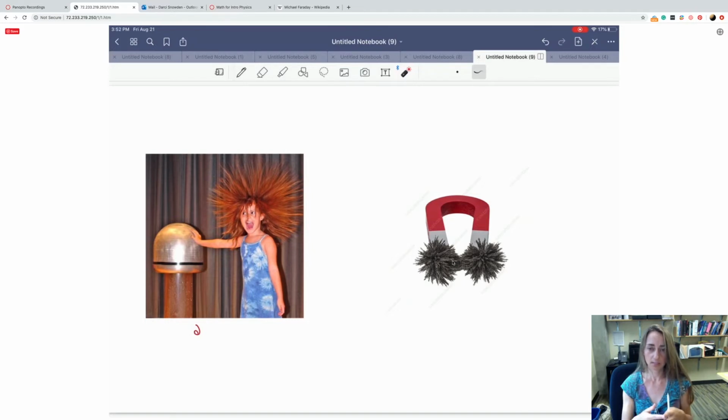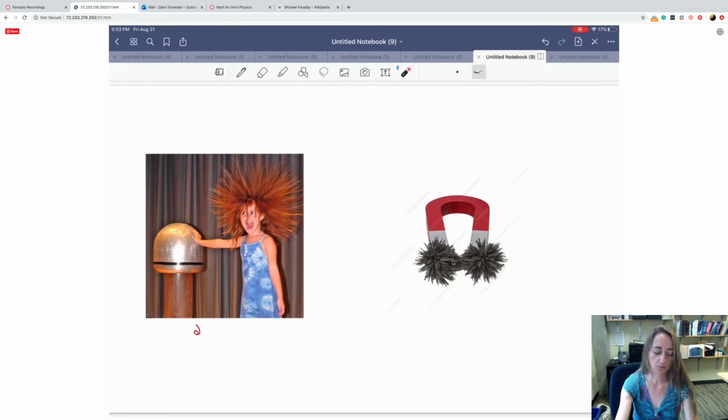So he was observing this phenomenon, and it made sense to him that this electrical force wasn't something that happened just magically through empty space, but electrical forces happened because the space around these objects was being filled with something like a fluid, which he described to be a field.